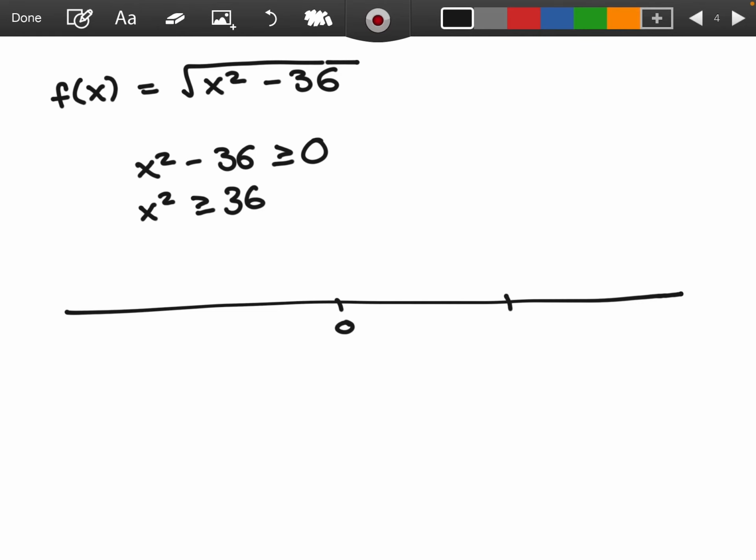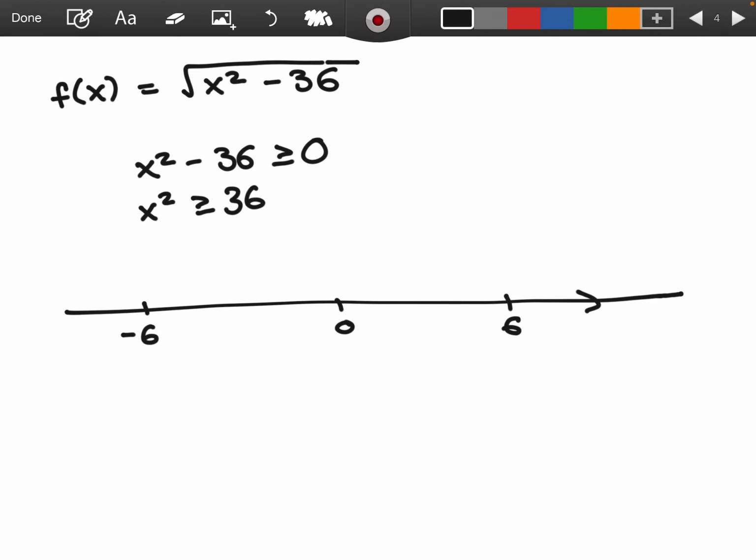Easiest way to look at this is using a number line. Put 0 in the middle. I'm going to put 6 here and negative 6 here. We know that 6 squared is equal to 36, and we know that negative 6 squared is equal to 36. The question is, what happens between those two values and what happens outside those two values?